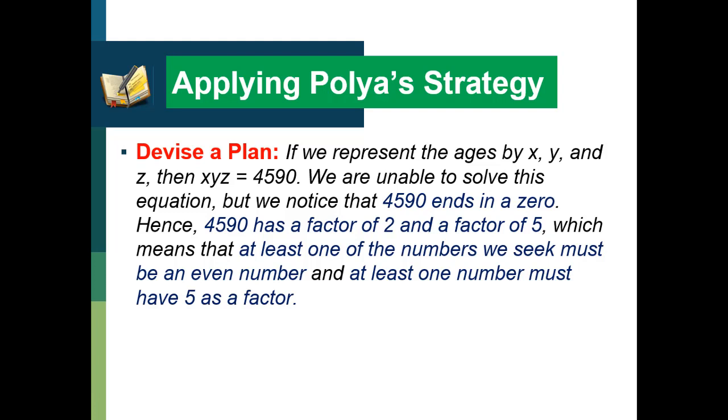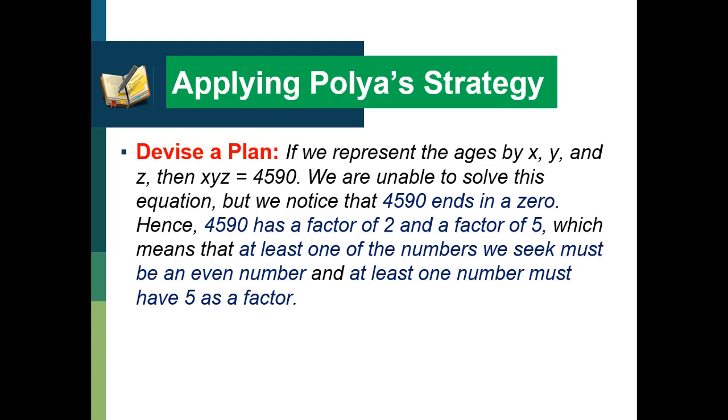Okay, let's proceed to the second step, and that is devising a plan. If we represent the ages, since we're looking for 3 ages as x, y, and z, then the product of x, y, and z must be 4,590. We're unable to solve this equation, but notice that 4,590 ends in a 0.